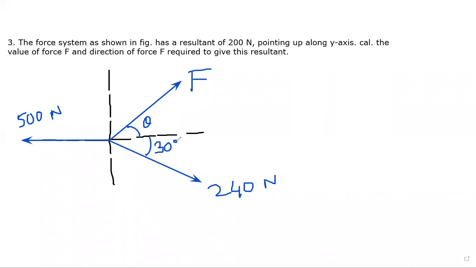These three forces are given and the resultant of these three forces, 200 Newton, is acting along the y-axis, which is not drawn in the diagram. So find out the value of F and theta. Do it fast. I'm waiting.